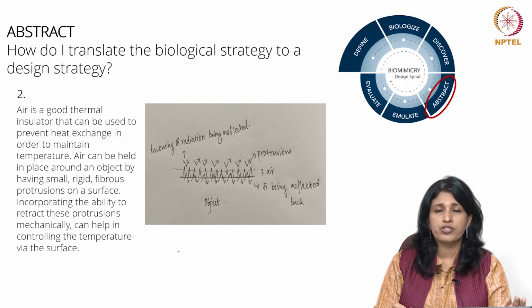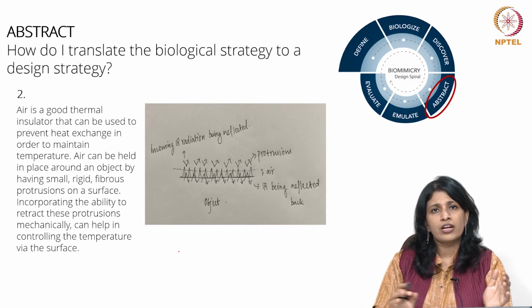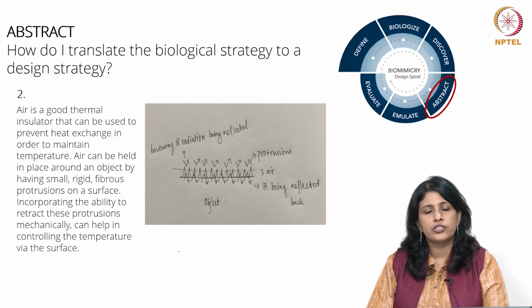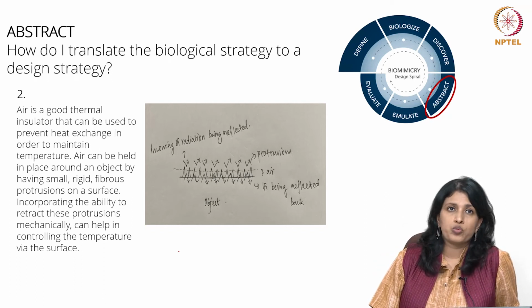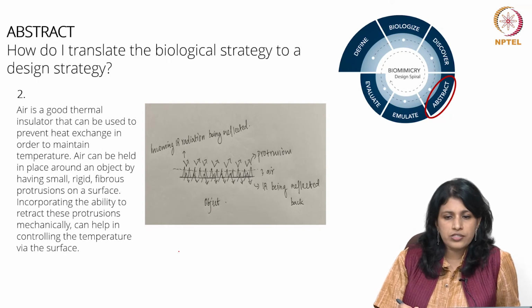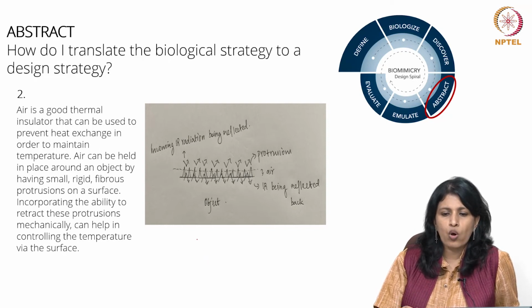And that is what abstract is about. Abstract is about moving from the specific to the general. You're actually taking out the design strategy, removing the biological terms so as to be able to apply it in any context whatsoever. So here is a strategy that has been abstracted in terms of insulation.